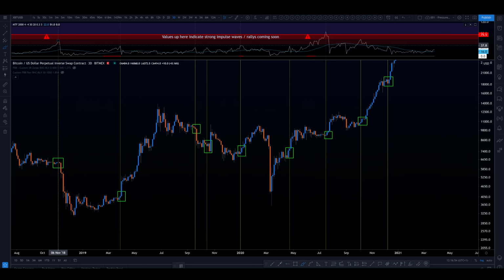As you can see, I've pointed out some of these spikes here. Whenever we had a high pressure spike, there was significant price action taking place afterwards, such as here, a very high level of pressure, and we crushed down, we broke down with the entire market. We had the same situation over here.